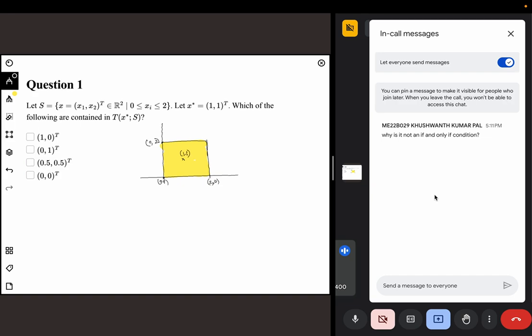It's actually because (1,1) is inside the feasible region, so any vector will be in the tangent cone. If instead of (1,1) I would have given something like (2,2), then what would you say? Let's say it is (2,2). Then what can you say?